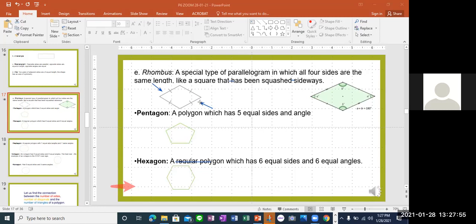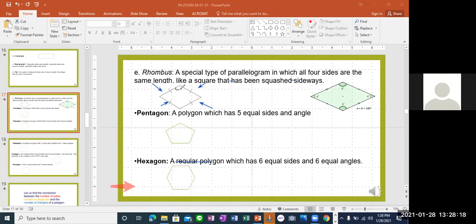This side and this side, and its opposite, are also parallel. But the 4 angles are not equal.